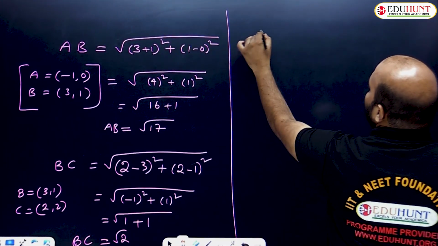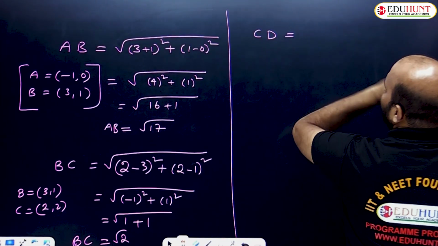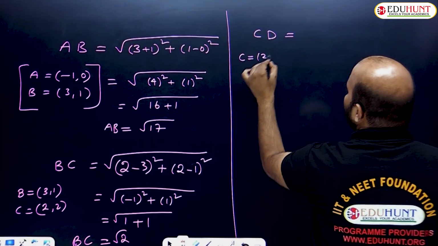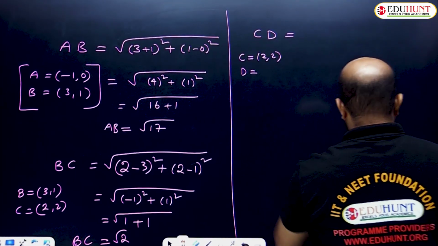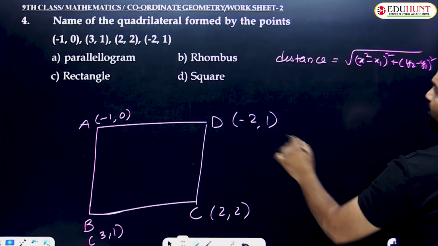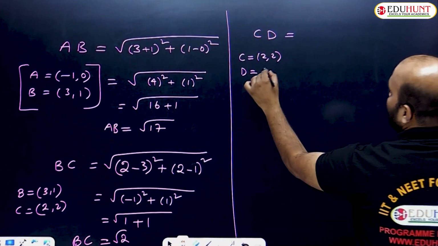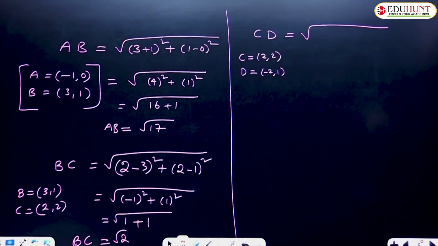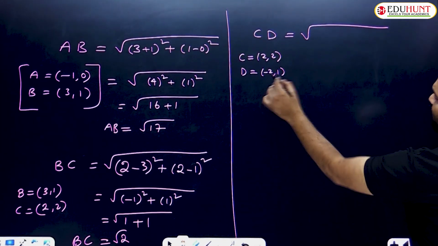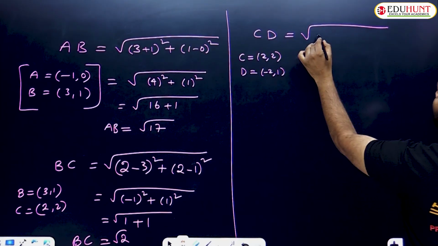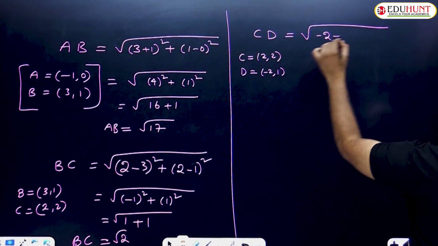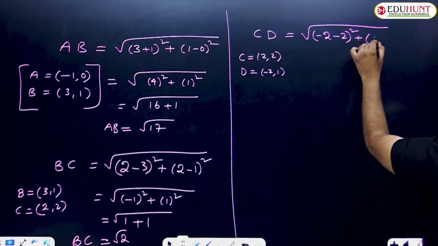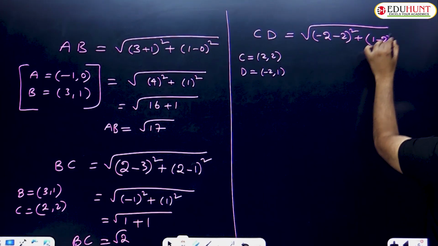Again, we have to find the CD distance. We are going to find the CD distance by using the C coordinates, which are 2, 2, and the D coordinates. In the question, the D coordinates are -2, 1. By using the distance formula, x2 minus x1 whole square plus y2 minus y1 whole square. x2 value is -2 minus x1 2 whole square plus y2 1 minus y1 2 whole square.